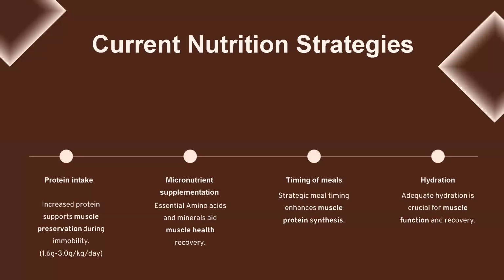And then during immobilization, though there is less fluid loss, hydration is still important. So you can give the normal 2 to 2.5 liters for an adult, as it supports metabolic processes and nutrient delivery in muscles.